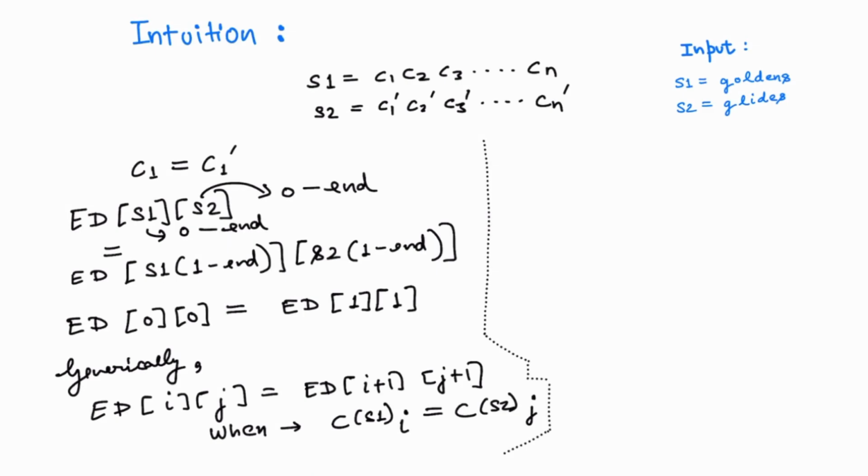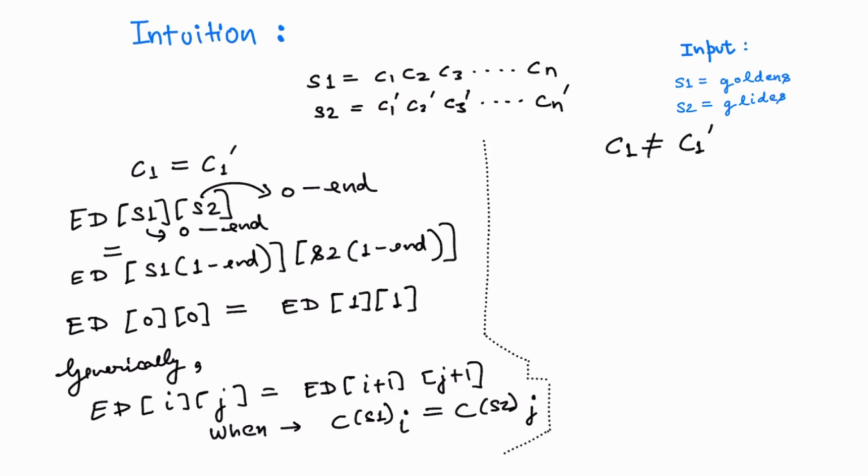Now let's take a look at the case 2. When the first character of both the strings doesn't match. Now in this case, if there is a mismatch, what can we do to make the strings equal to each other?